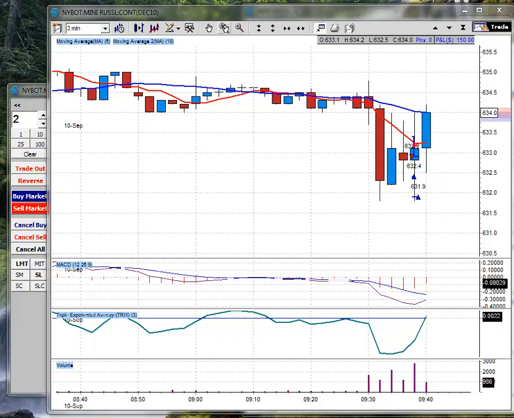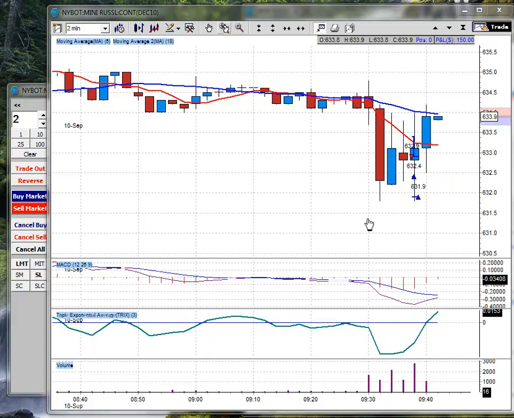And just because of the nature of the Russell, now we're seeing a lot of back and forth fluctuation. Looking back at this wouldn't necessarily be a pattern I would pick out quickly and say, oh yeah, I would have traded that. Because hindsight is a little different here than live market. But this was definitely, at the time, a good signal. By the end of it, that signal had disappeared.